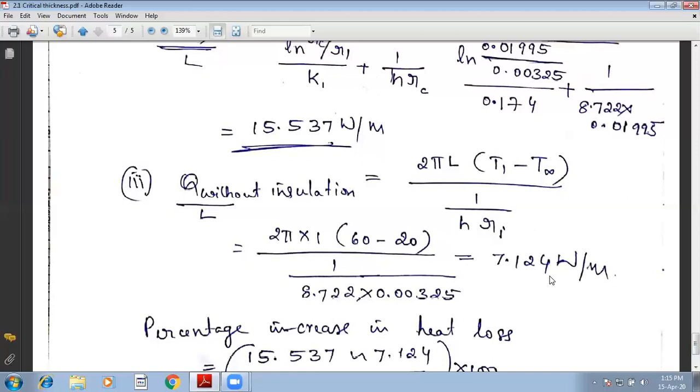As I told in the earlier class, always insulation need not decrease the heat transfer. If it is below the critical radius, even if you add insulating material, the heat transfer will increase. Now, as a support to that statement, you can see the heat transfer with insulation is 15.53. The heat transfer without insulation is 7.12.